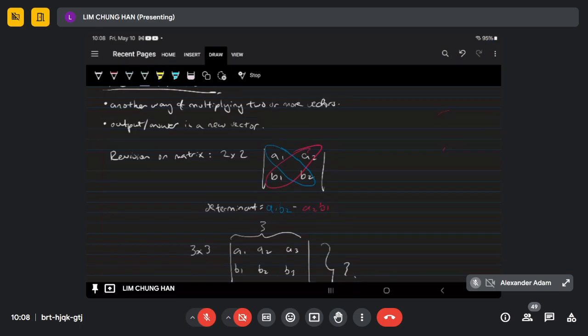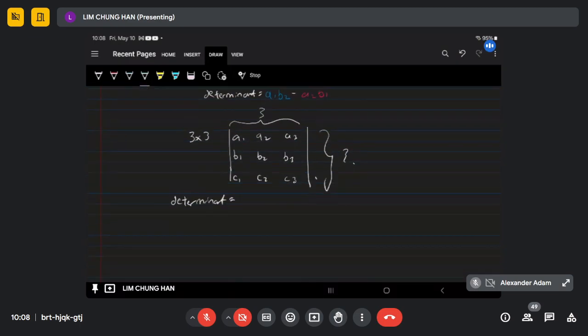Okay, so I'll teach you how to do 3 by 3 quickly. The way you do 3 by 3 is, I have to use color here. You start obviously with A1.